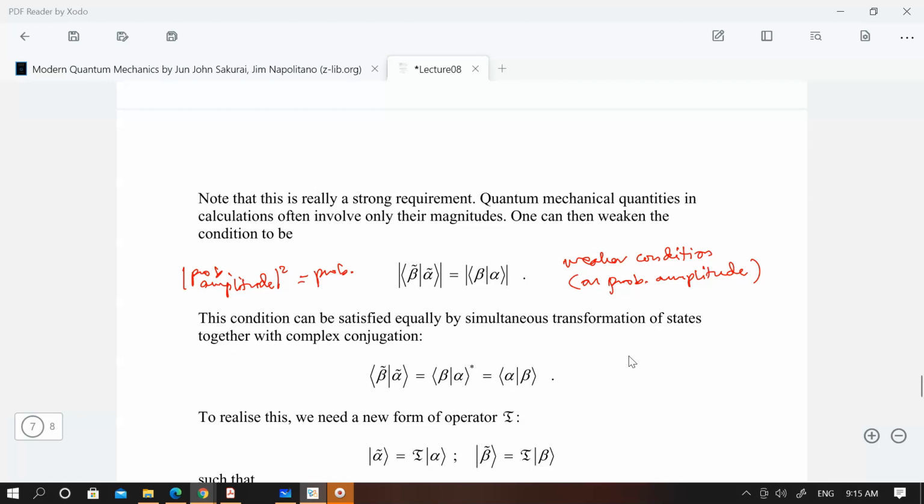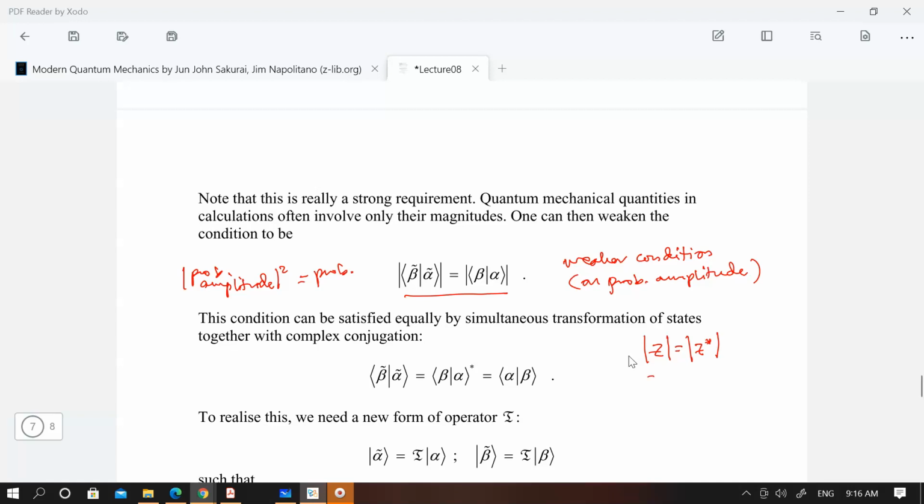All you need is to make sure that, because I don't need to make them equal in the inner product sense, I can have, for example, a complex number Z. If I impose Z under the magnitude, you know that this is possible, right?